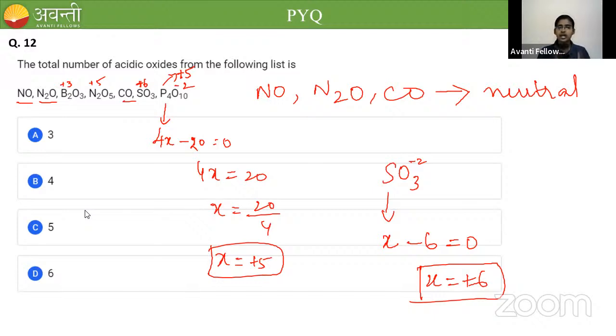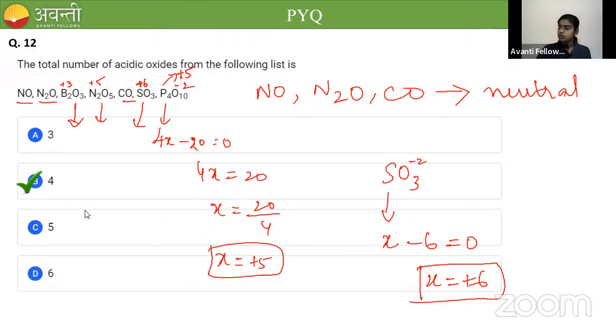They are electron deficient in nature, since they have lost all their electrons, and those 4 oxides are acidic oxides. So B2O3, N2O5, SO3 and P4O10. These 4 oxides are acidic oxides. The remaining 3 are neutral. So the number of acidic oxides is equal to 4.